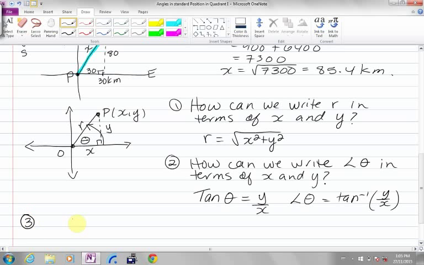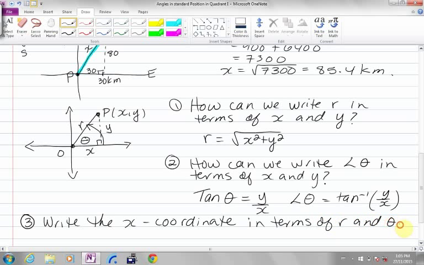Now let's see if we can write the x-coordinate in terms of r and theta. So how can we write a relationship between x, r, and theta?